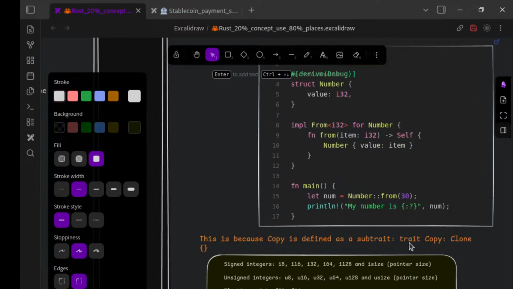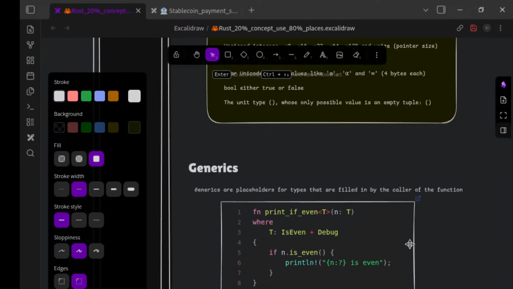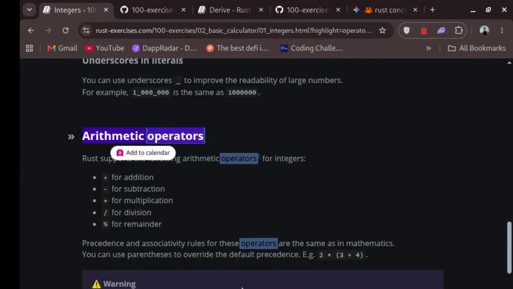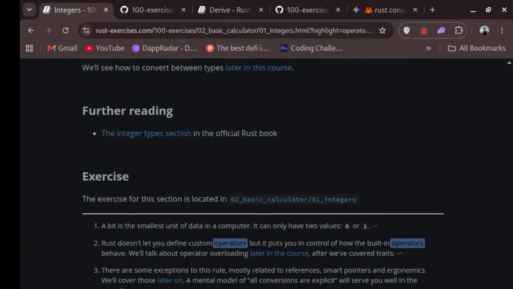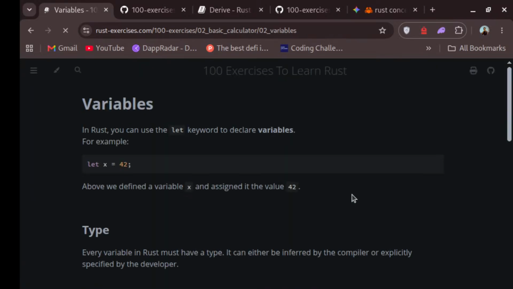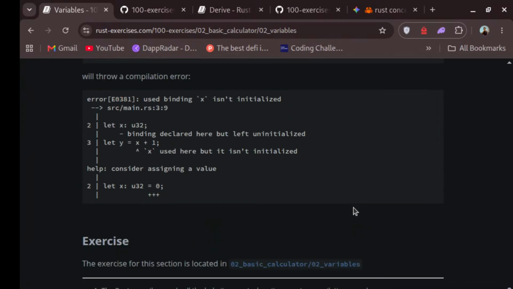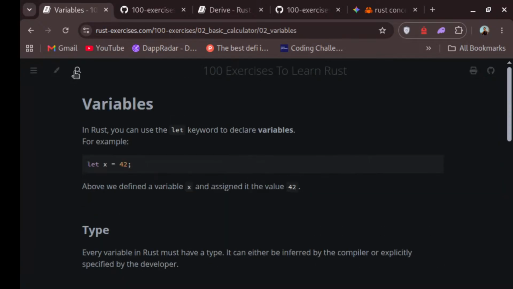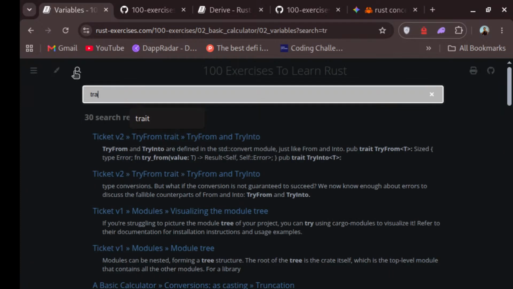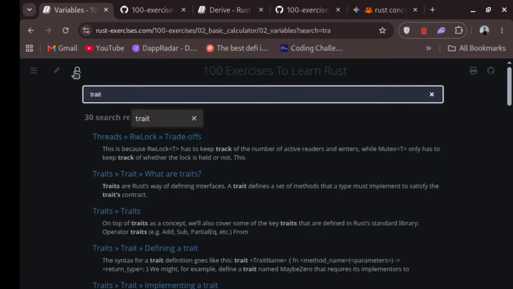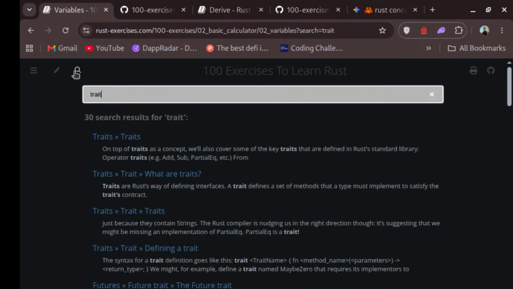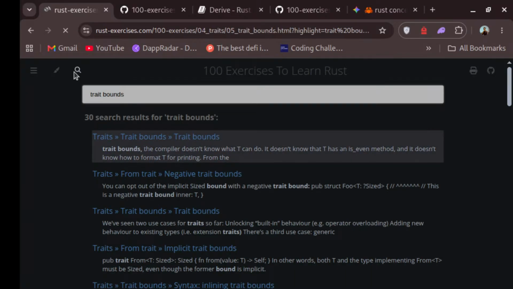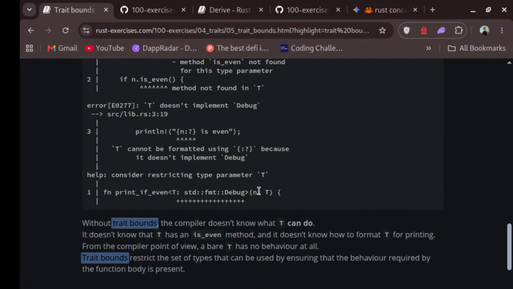I think it is too confusing for us. Trait bounds. Yeah.